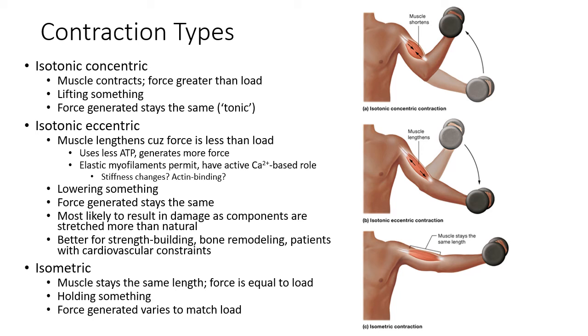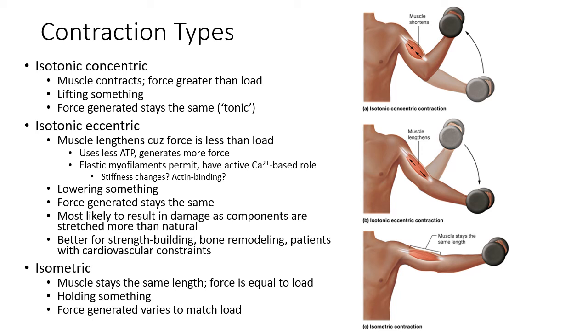The isotonic eccentric contractions are really good for people who need to do exercise but have to be careful not to strain their bodies. So that would be like, for instance, someone with a bad respiratory condition or a heart condition where they're limited in how much ATP they can make. They have to do something that will not require too much ATP. But for all those people, doing some exercise is going to be really helpful for their condition.